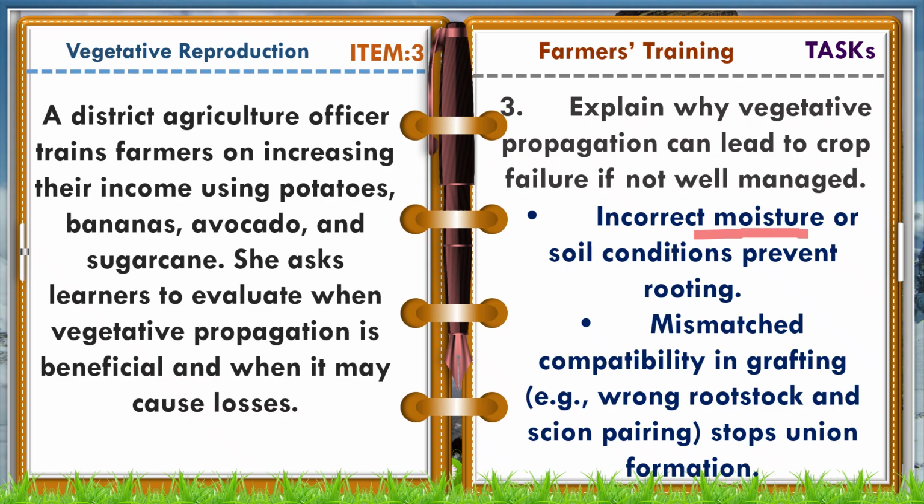Incorrect moisture or soil conditions will prevent rooting. Mismatch in compatibility in grafting, that is, wrong rootstock and scion pairing, stops union formation.